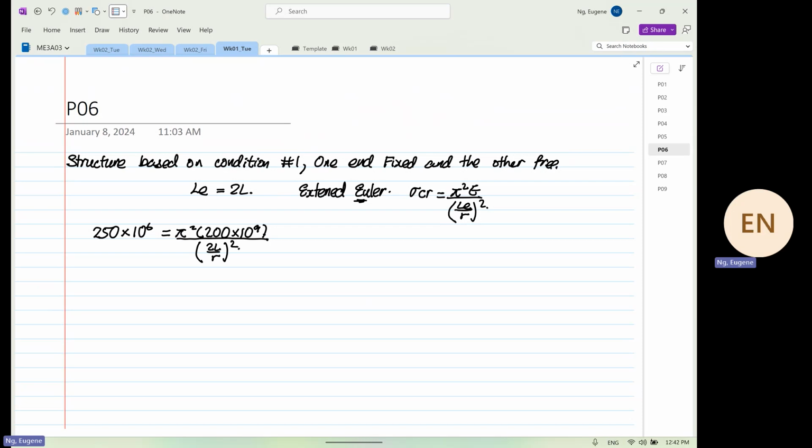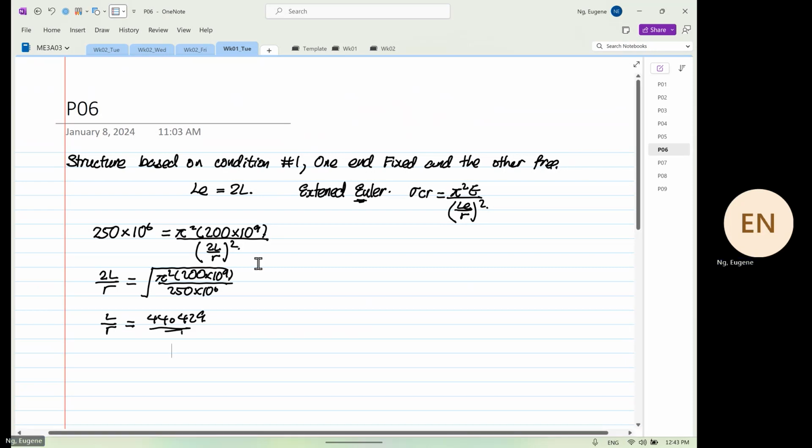So when we have 2L over R, this will be equal to the square root of pi squared times 200 times 10 to the power 9 over 250 times 10 to the power 6. So the L over R over here will be equal to 44.429. Okay. So that's the value.